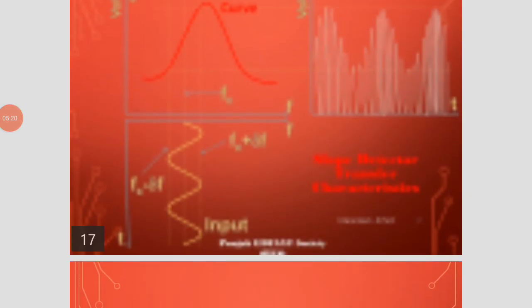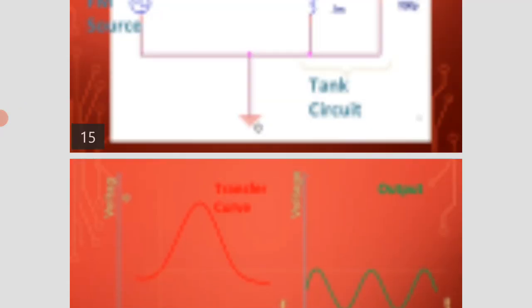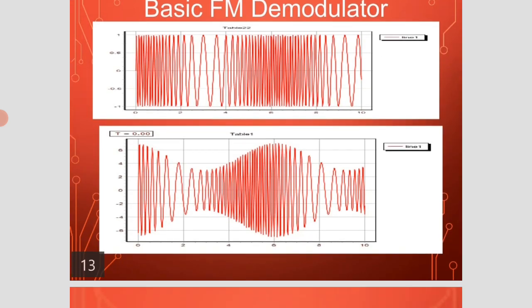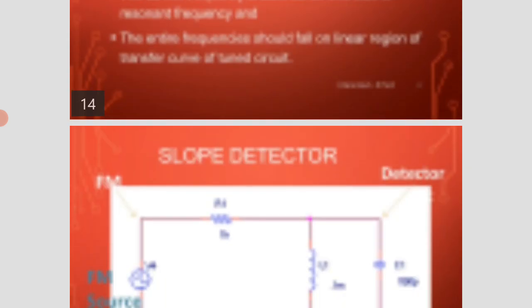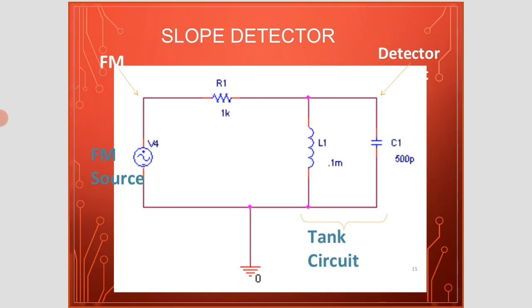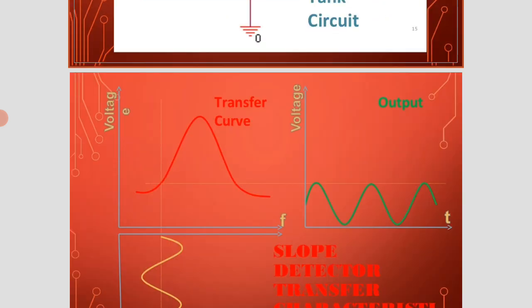In this video lecture, we saw the detector, what the types of detector are, and after that the demodulation process in FM demodulation. After that, we saw the types of FM demodulation, and firstly the first type is the slope detector, which is a type of FM demodulation.